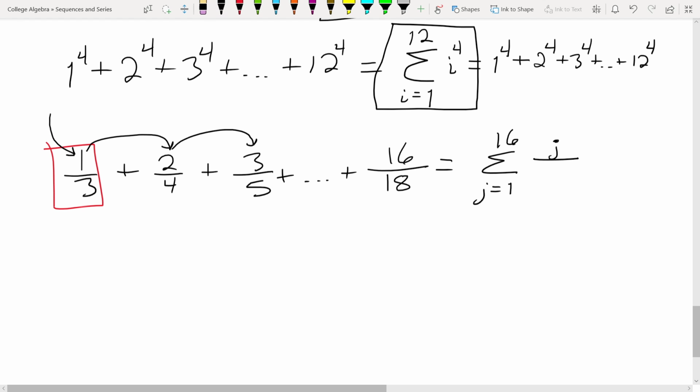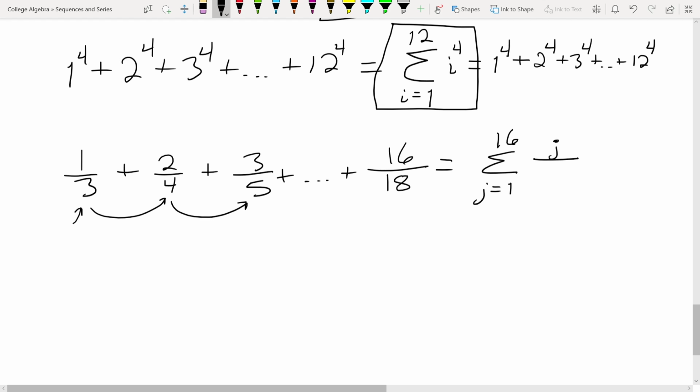Now, what happens to the bottom? Well, we start with 3, and then we just add 1 to get 4, then we add 1 to get 5, and then we keep going all the way up to 18. So this is increasing by 1 each time, all the way on up to the last one. And you may also notice that 3 is 2 greater than 1.